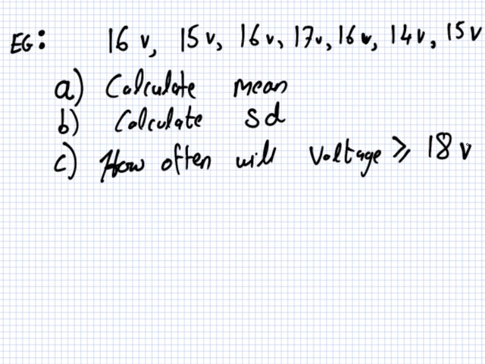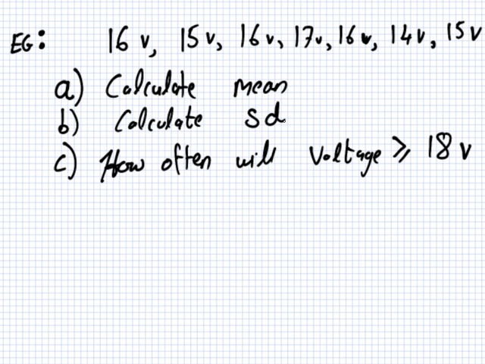Because we only have 1, 2, 3, 4, 5, 7 points. But maybe in 20 points we could see one of them is 18. Do you understand what I mean? So this is one really powerful use of this, is that with limited data we can make useful conclusions and results. But before we can calculate that, we need to know the mean and the standard deviation.